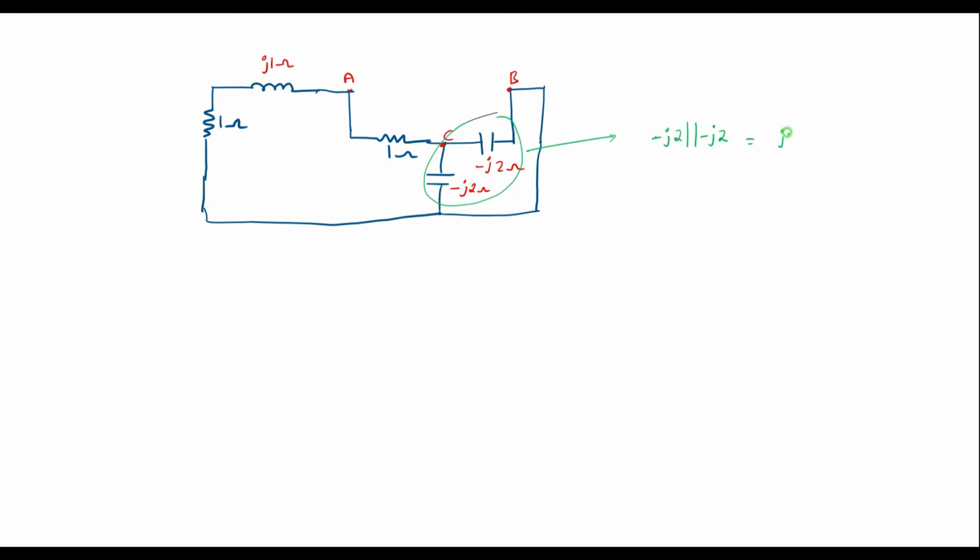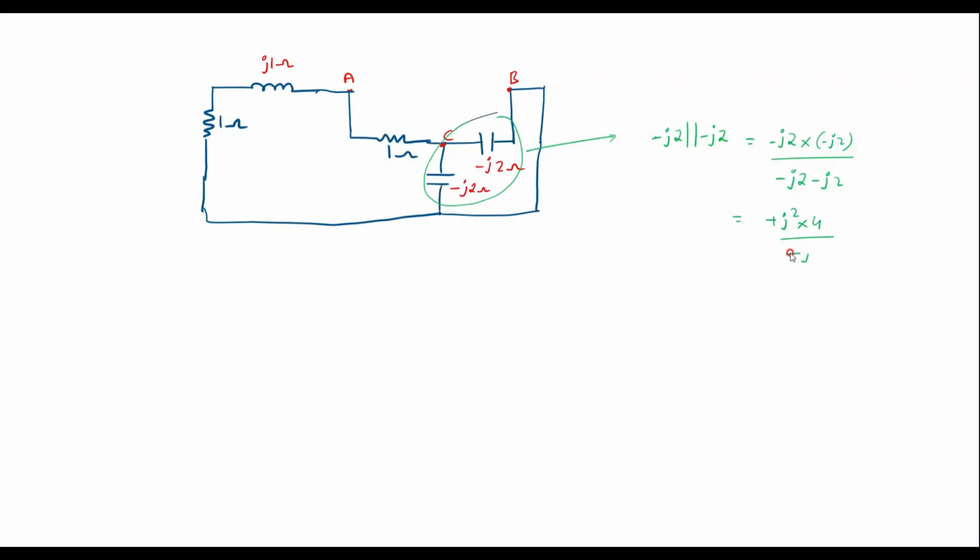Solving this we get minus J2 into minus J2 divided by minus J2 minus J2, which gives minus minus plus J square into 4 divided by minus 2 J2.